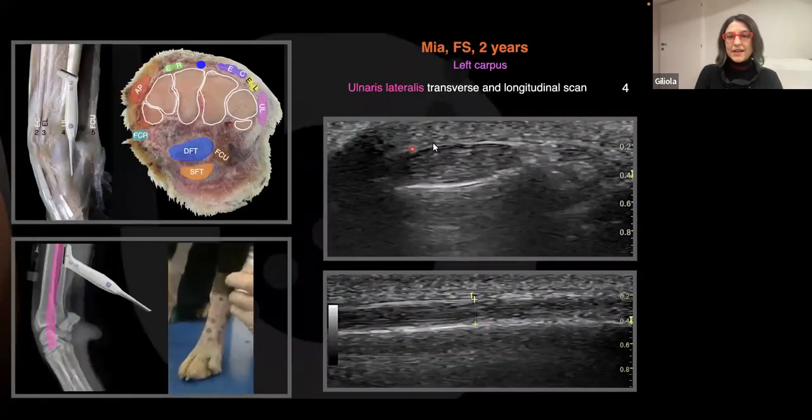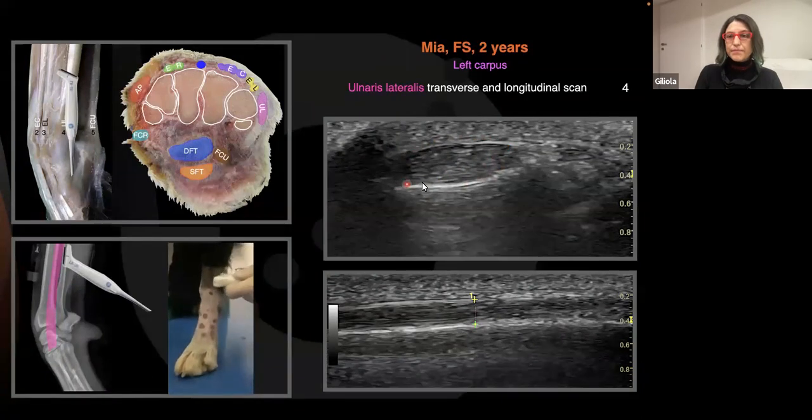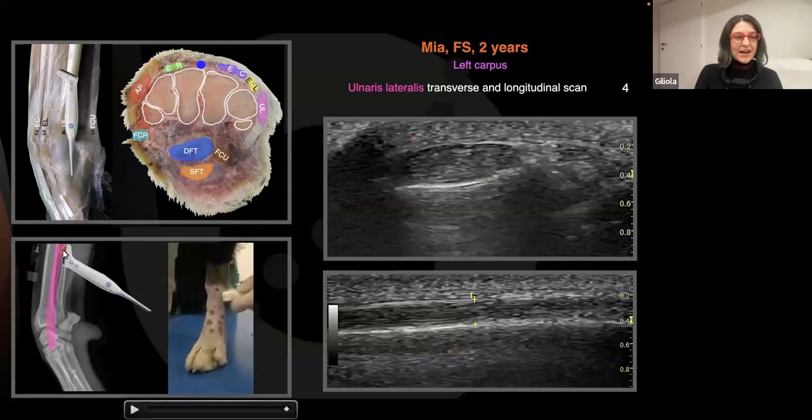This is the sound side, that is the left carpus, and we do see the big extensor. The ulnaris lateralis tendon is so big that sometimes it nearly seems a bone, absolutely normal in the left side.